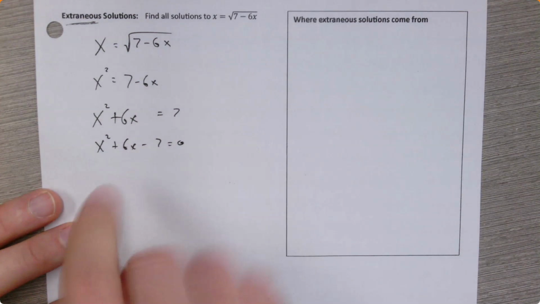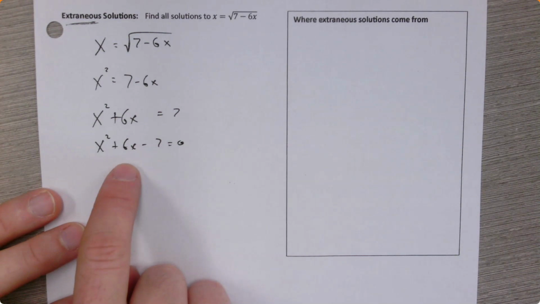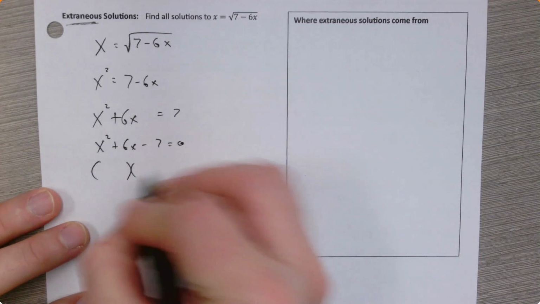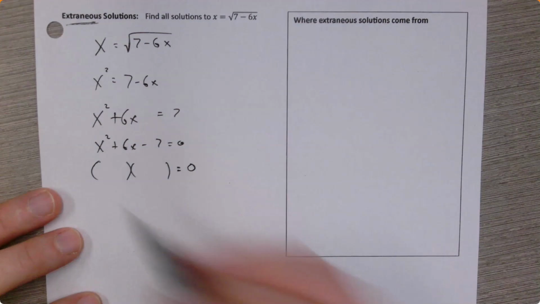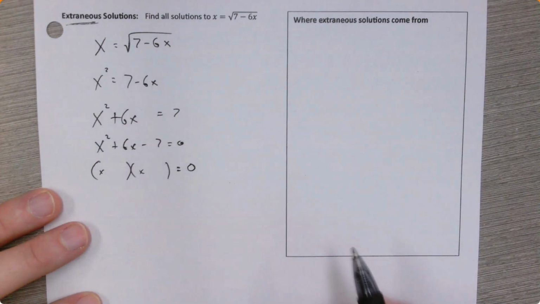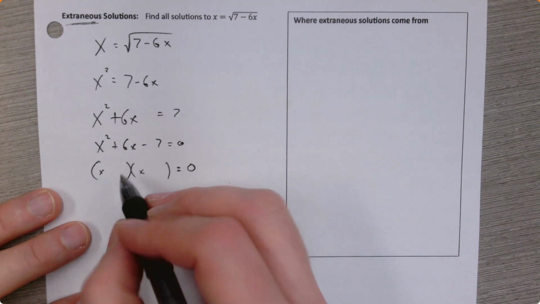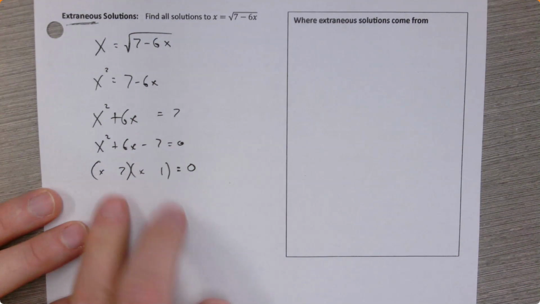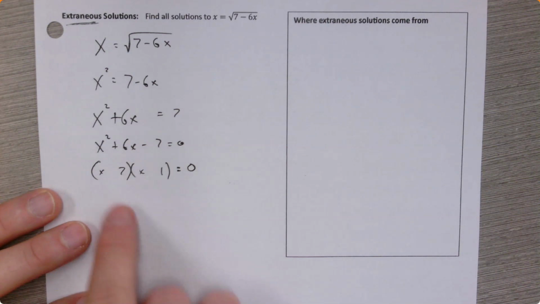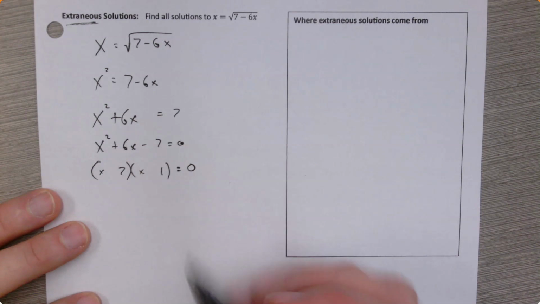And you could use the quadratic equation, but let's please not. Let's factor. So hopefully you recognize this as something that is easily factorable. Let's see. The only factors of 7 are 7 and 1. So I know that those have to go here because they have to multiply to become 7. How can I make those equal 6?